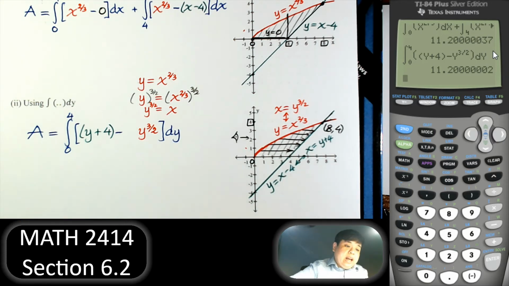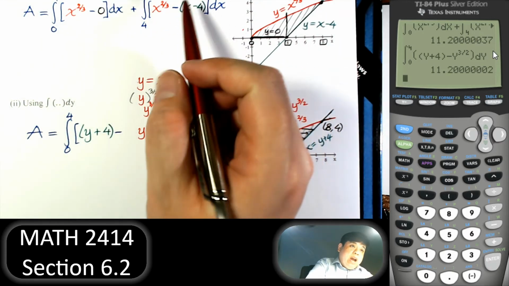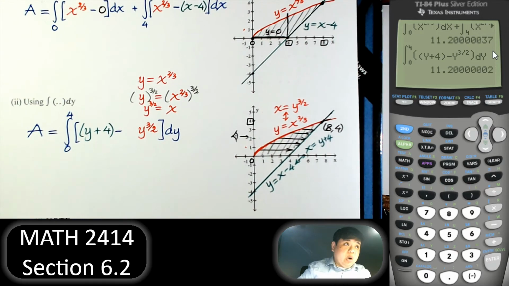But once again, if we use x, dx, then we're going to have the function above minus the function below. So I'm going to write a note here.